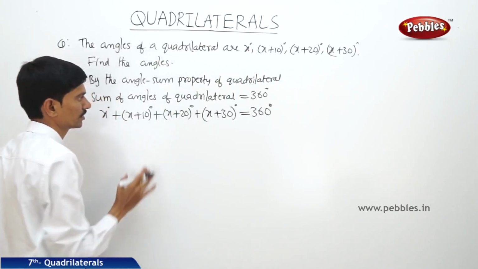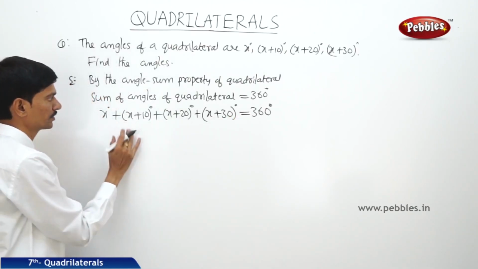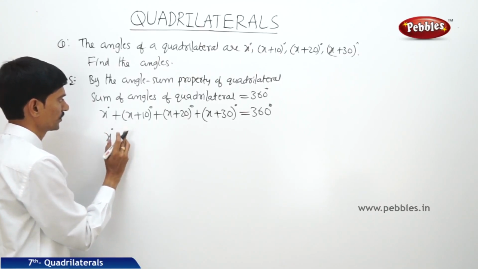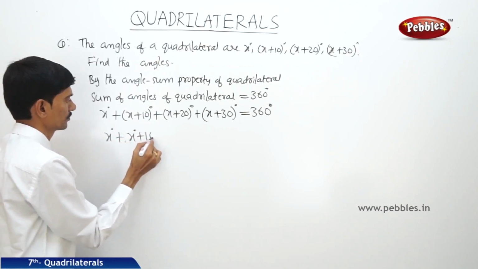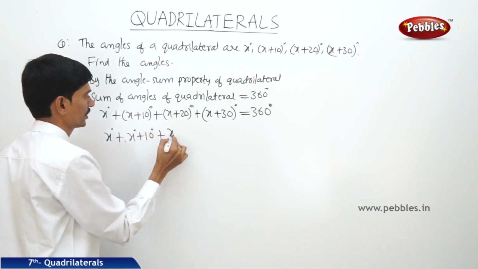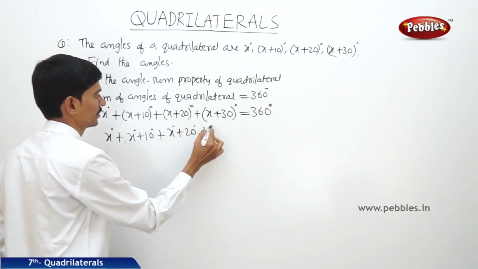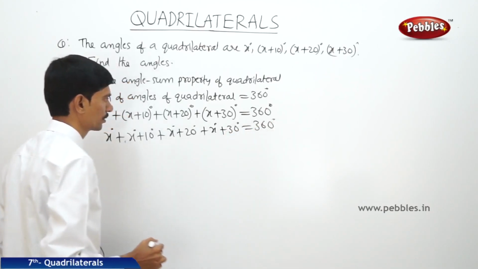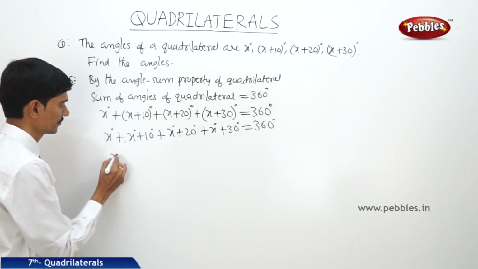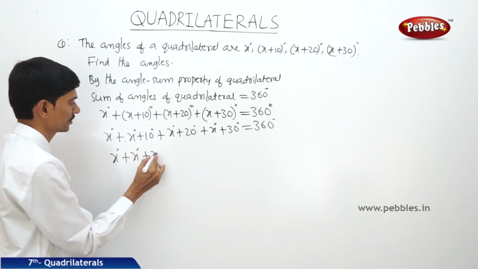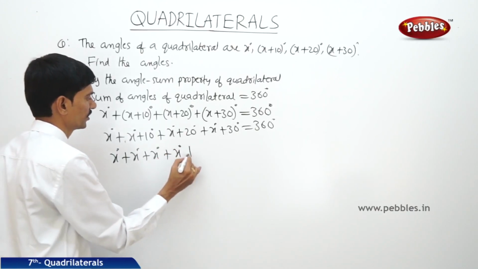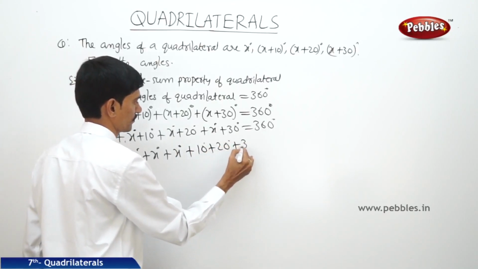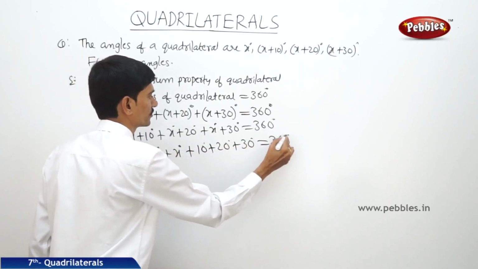The sum of these four angles is equal to 360 degrees. Now let us open the brackets. x plus 10 plus x plus 20 degrees plus x degrees plus 30 degrees equals 360 degrees. Now let us write the like terms together. x degrees plus x degrees plus x degrees plus x degrees plus 10 plus 20 plus 30 equals 360 degrees.